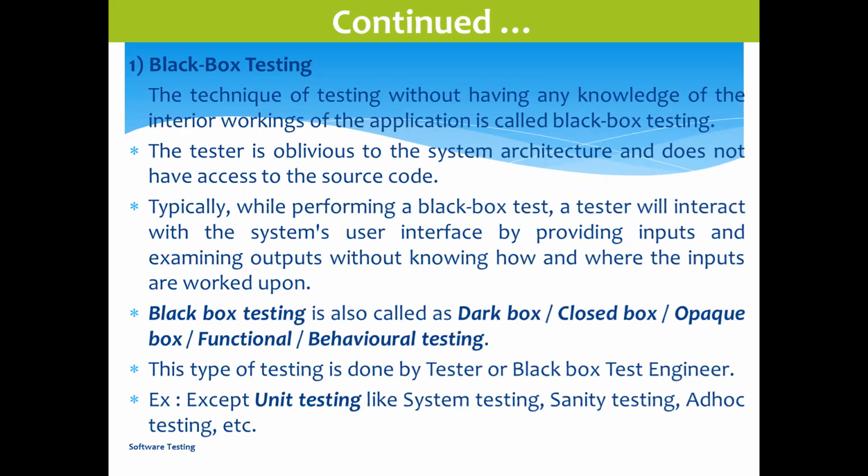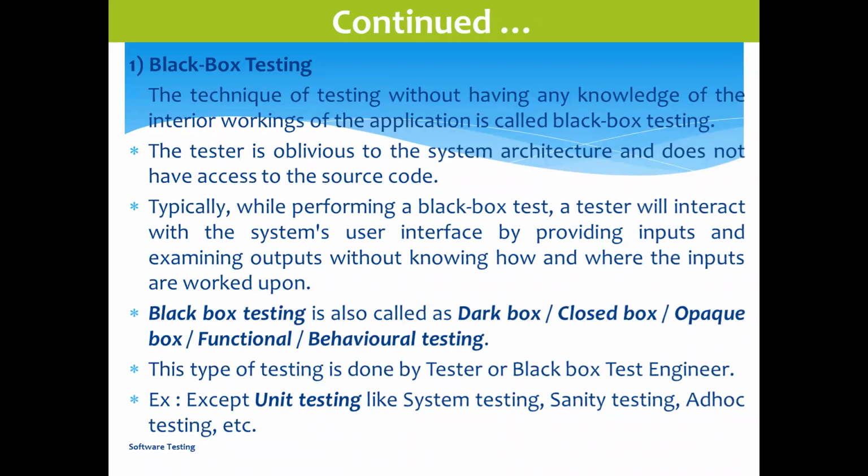So what are the examples here? Unit testing is excluded, because unit testing is purely code related. Except for code-related testing, any other kind of testing you check is called black box testing. So the examples are sanity or system testing, ad hoc testing, exploratory testing. So many testings come under black box testing.